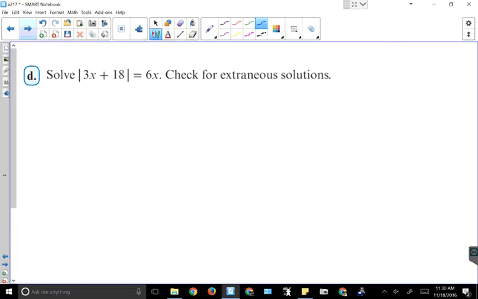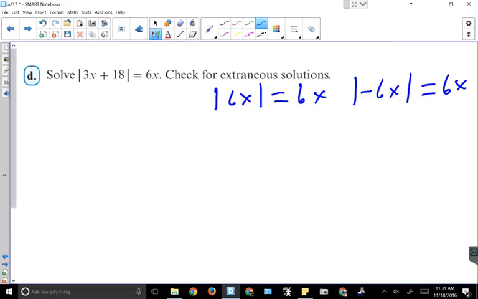So, let's try this one. Well, is it possible for the absolute value to be equal to 6x? Actually, yes. Basically, what this means is that either the absolute value of 6x is equal to 6x, or the absolute value of negative 6x is equal to 6x. Hey, it's positive, right?